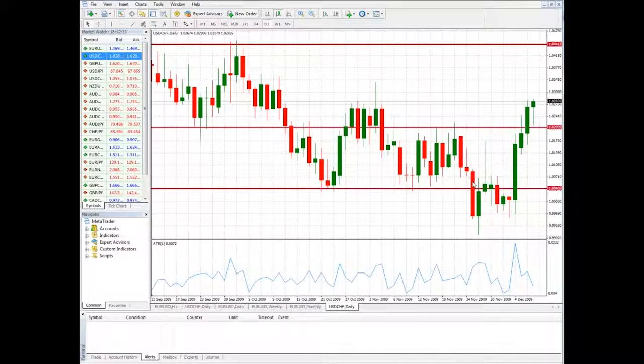Okay, so if you're looking here to get short, then the possibility that you get short and it runs all the way back up here is strong. And so you have to look at the chart and determine if that level of move from here to back here, if your stop's back at this point, is worth it for you.